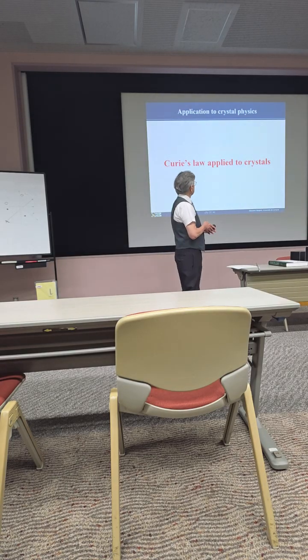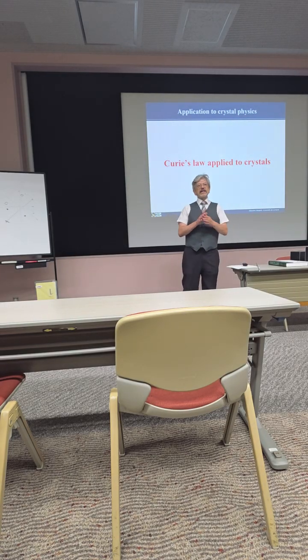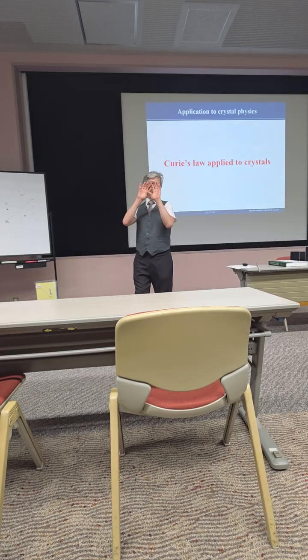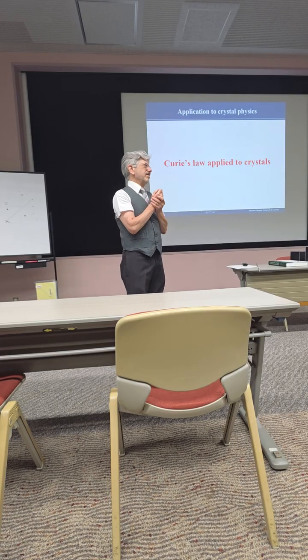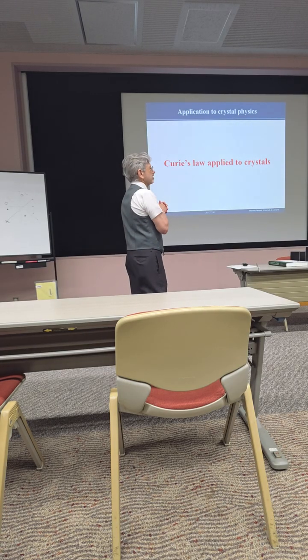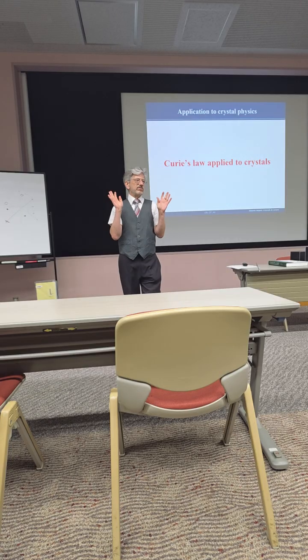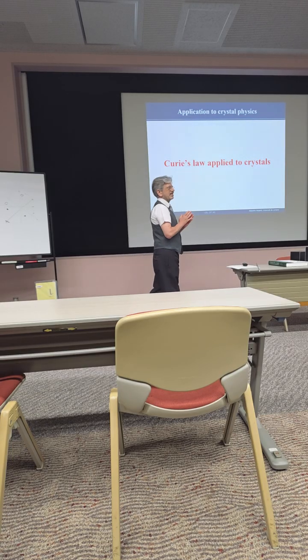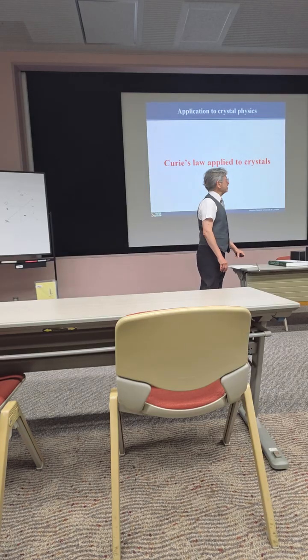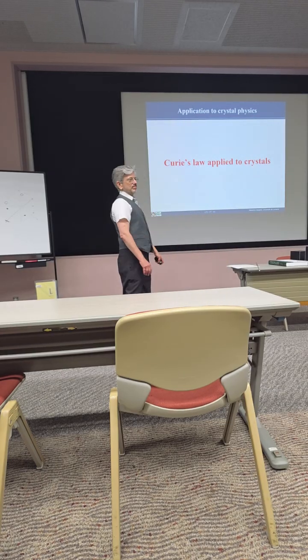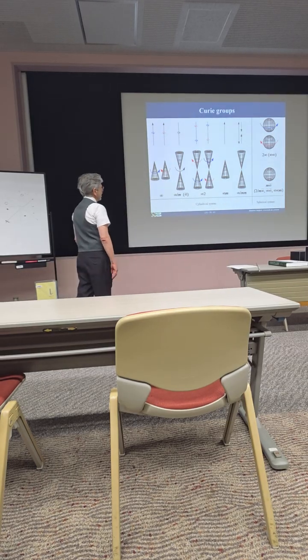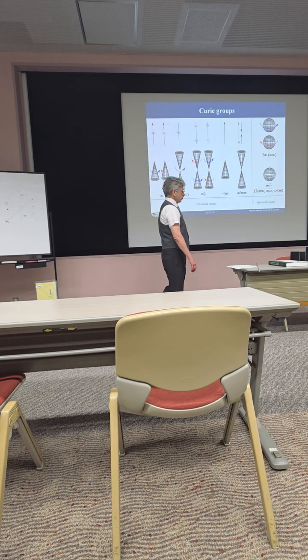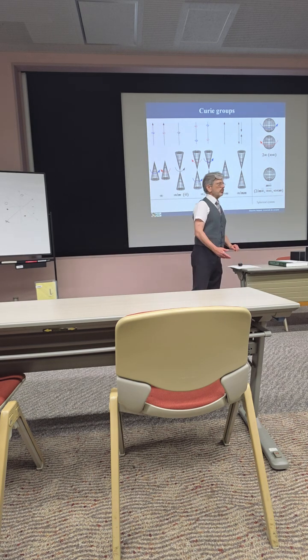Okay, some applications to crystal physics. It's just a quick introduction. There is, of course, much more that one could do, but we are limited in time, so just some ideas. Curie laws. For Curie's law, we have introduced the Curie groups.